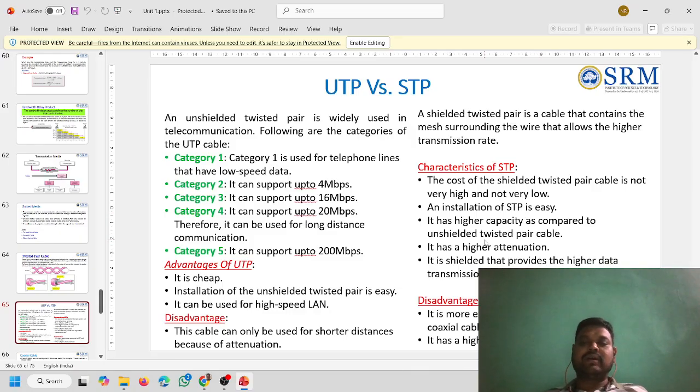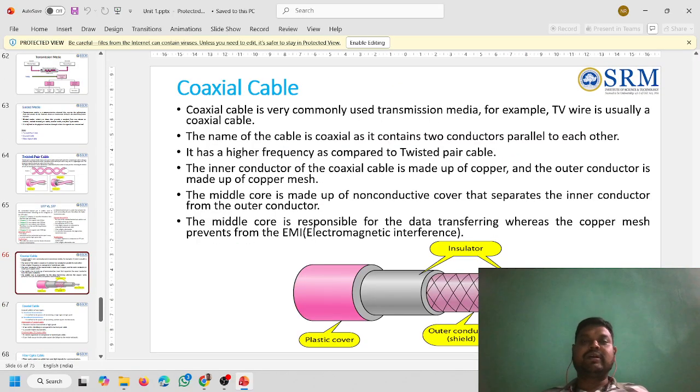Attenuation is slightly better than unshielded, but it still has higher attenuation when compared to coaxial cable or fiber optic cable. So it is more expensive than UTP, and it also has a high attenuation rate. The second key type of guided media is coaxial cable.